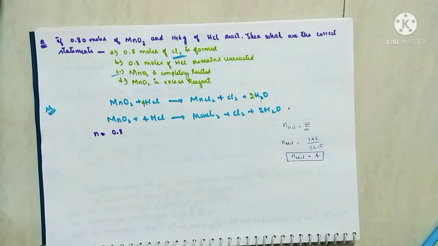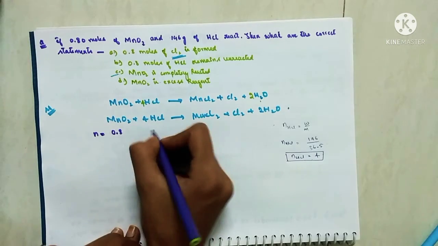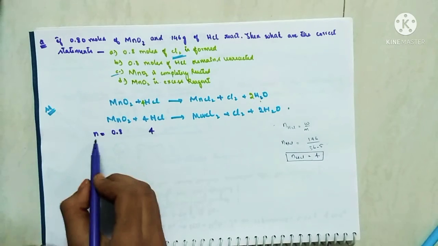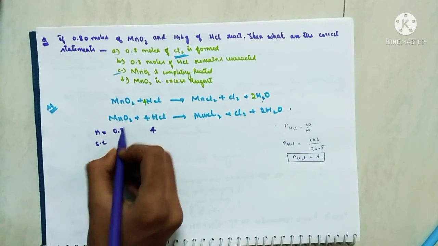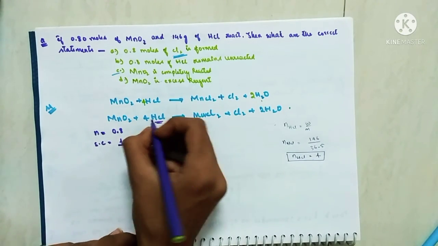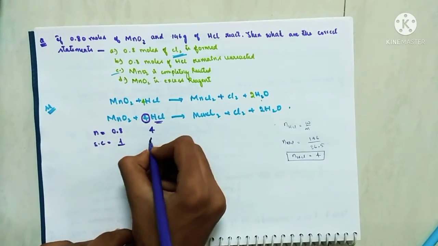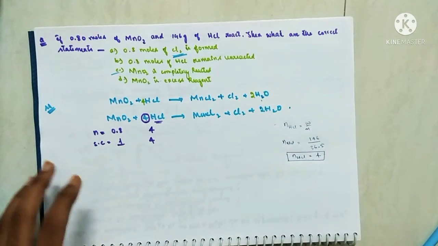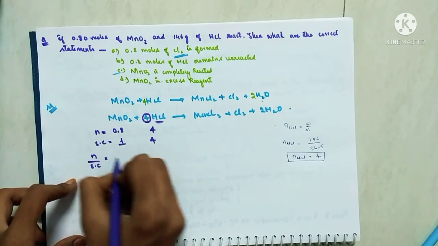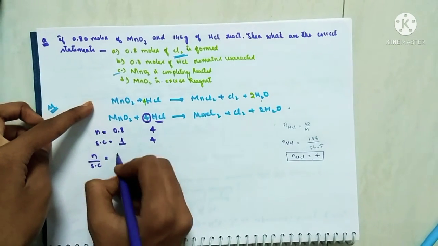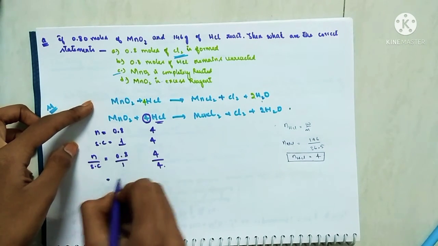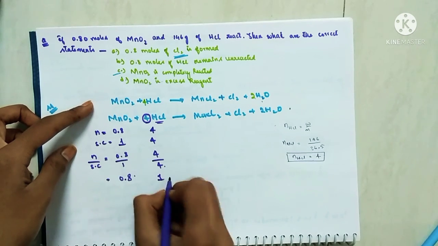Here the number of moles of HCl is 4, the stoichiometric coefficient of MnO2 is 1, and that of HCl is 4. Now we must find the n by SC value. For MnO2 it is 0.8 by 1, and for HCl it is 4 by 4. It is 0.8 and this is 1.